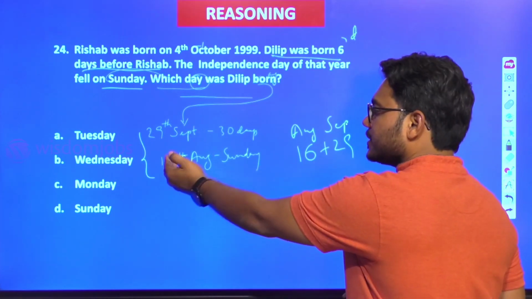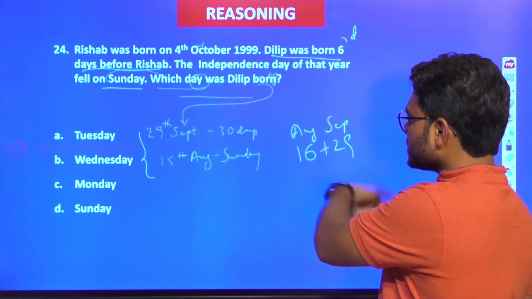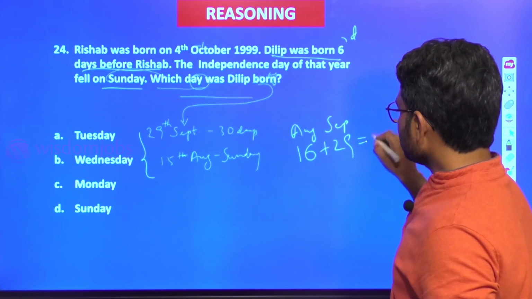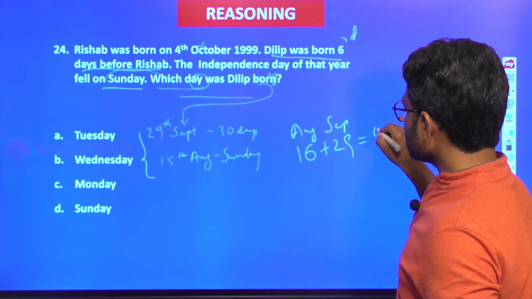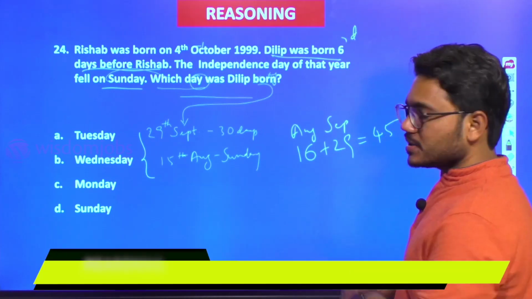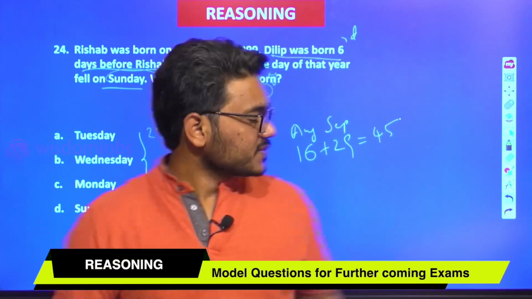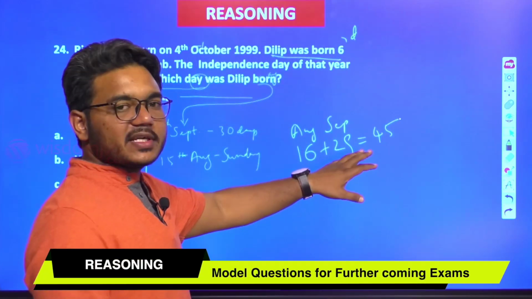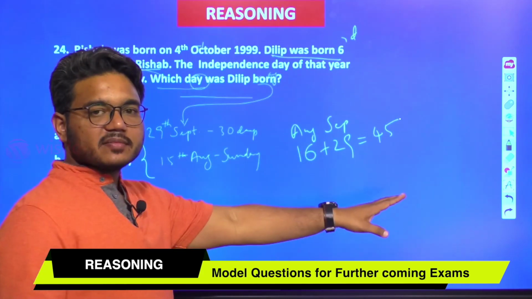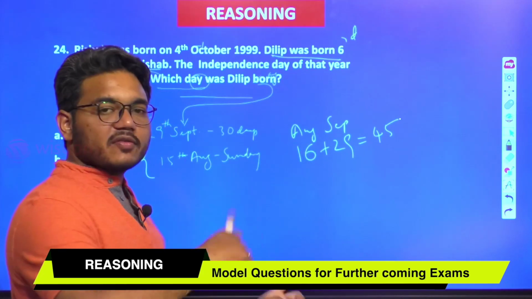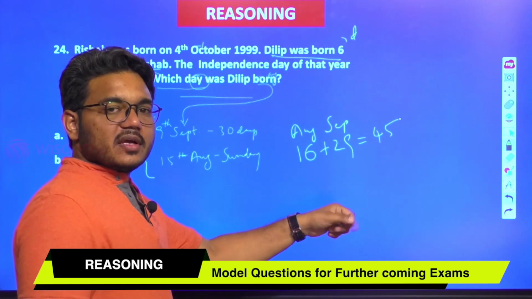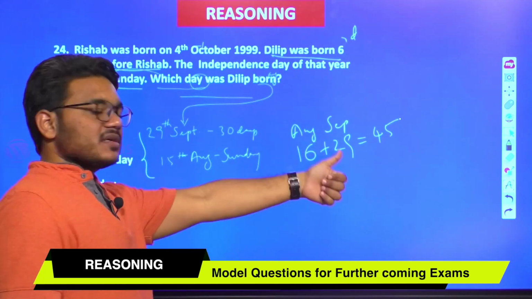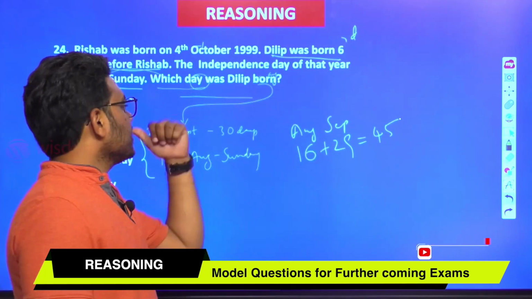So after 15th August, how many days do we have? 29 plus 16 is 45. So total 45 days we are getting after this Independence Day. Means after 45 days of this 15th August is the birthday of Dilip.